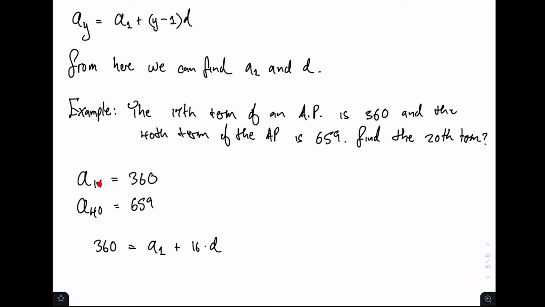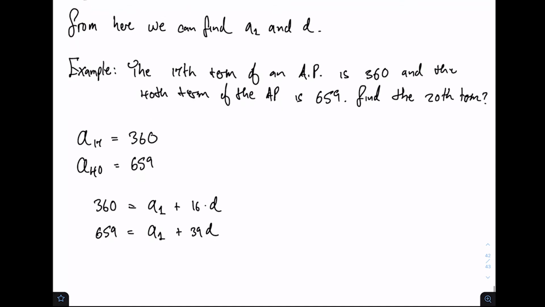Recall that once we know the index of the term, we should take that index minus 1 and multiply it by the common difference. Then 659 is equal to a sub 1 plus 39 times d, and the 39 should ring a bell because we're looking at a sub 40, so 40 minus 1 is 39. Here we've written down the two equations which can help us to solve for d and a, so I'll make a note and call this simultaneous equations.